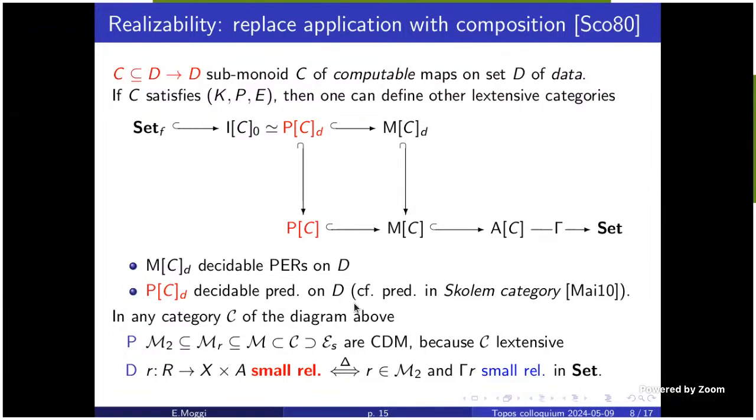So what does it mean, decidable subset? If you take polytime computable maps as your computable maps, the objects in this category are the polytime decidable subsets of bit strings. Okay, so you can operate on these sets because you have something to decide whether a bit string belongs to this set, and that's what I suggest to do.